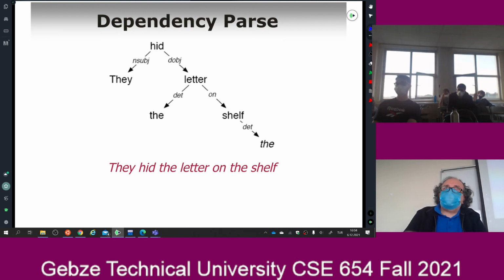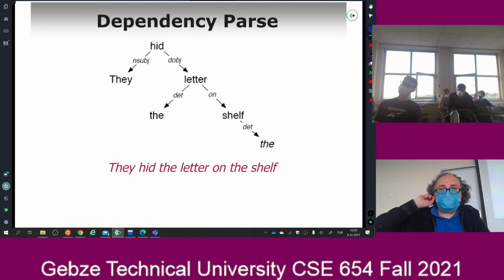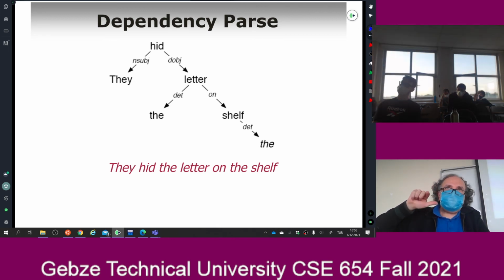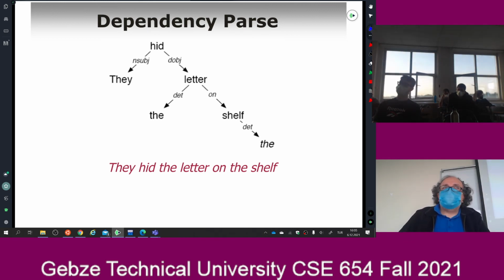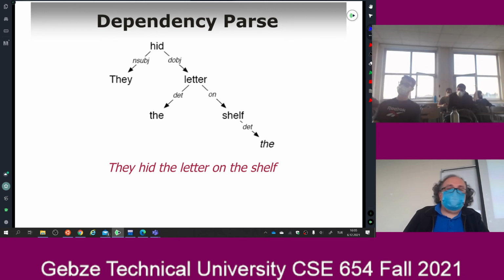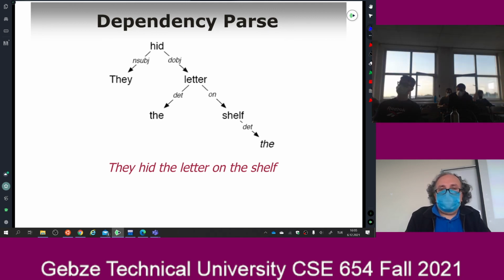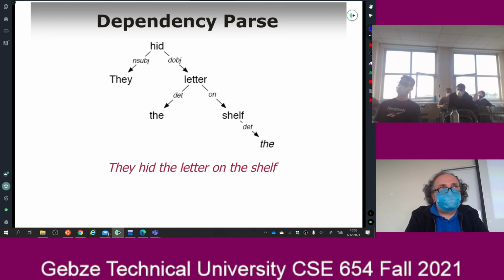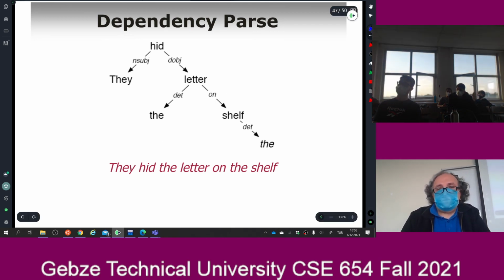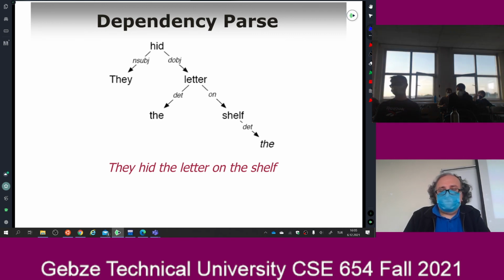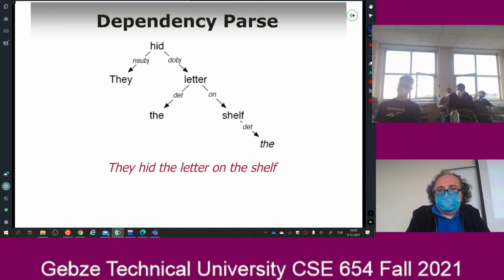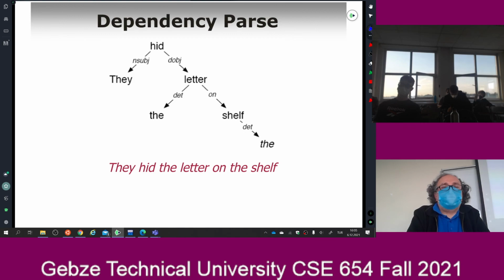In English, you don't have much morphology going on with the verbs and the nouns, but many things are going on with the grammar itself, with the word order itself. That's why context-free grammars fit the needs of languages like English better than Turkish. For Turkish, dependency parsing is better. Since this course is about natural language processing, we are going to look at both of them.